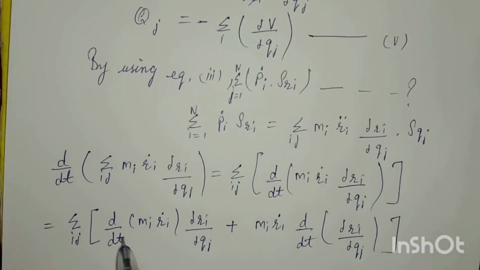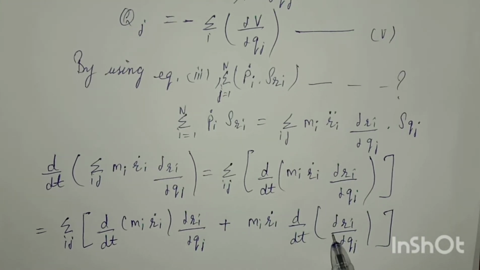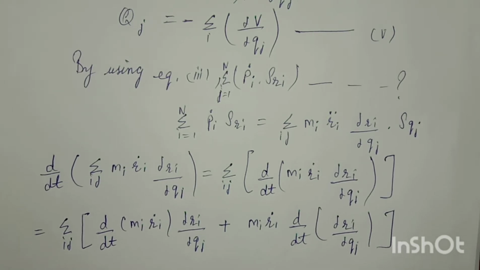That means differentiation of the first function, which is u, times v, plus the first function times the differentiation of the second function.